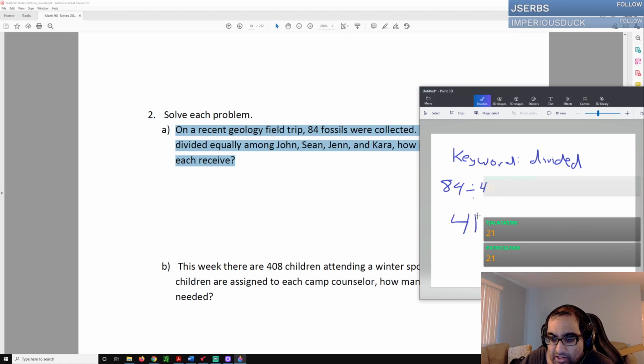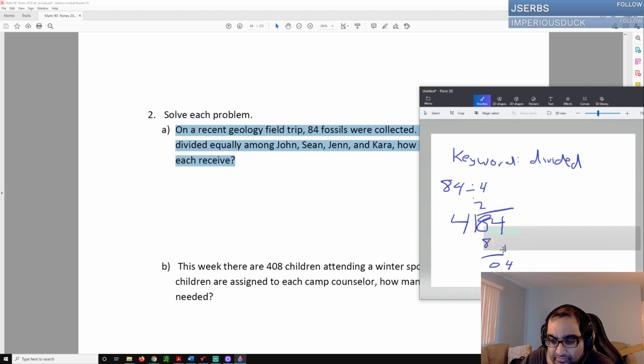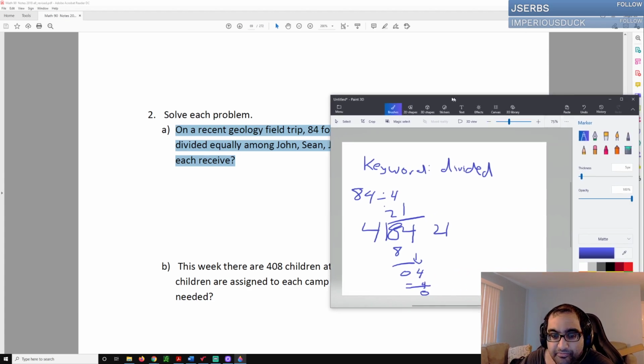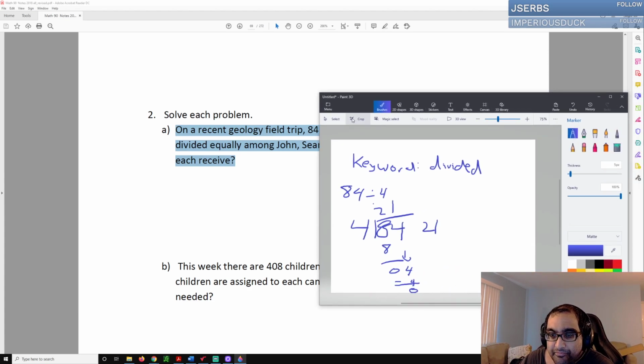So again, just do 84 divided by 4. And here, indeed, we get 21. That part is true. So 21 here is the answer. Very good. Nice work.